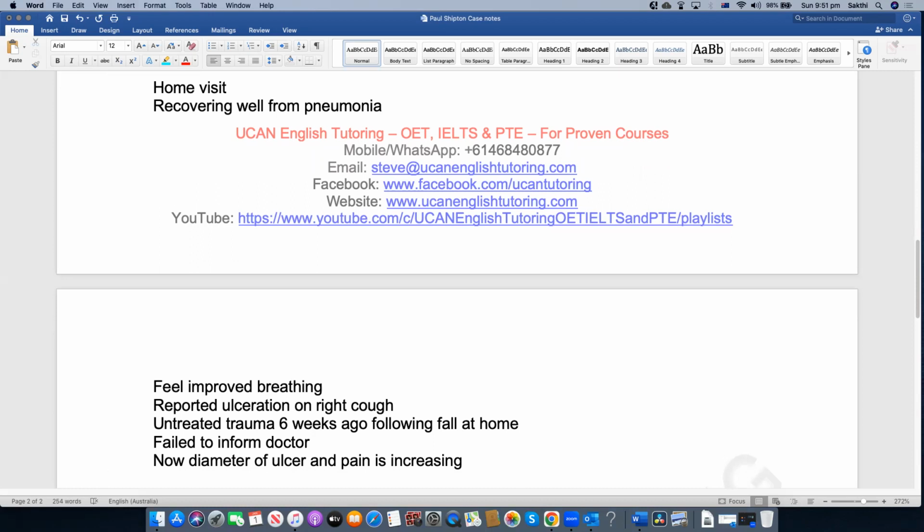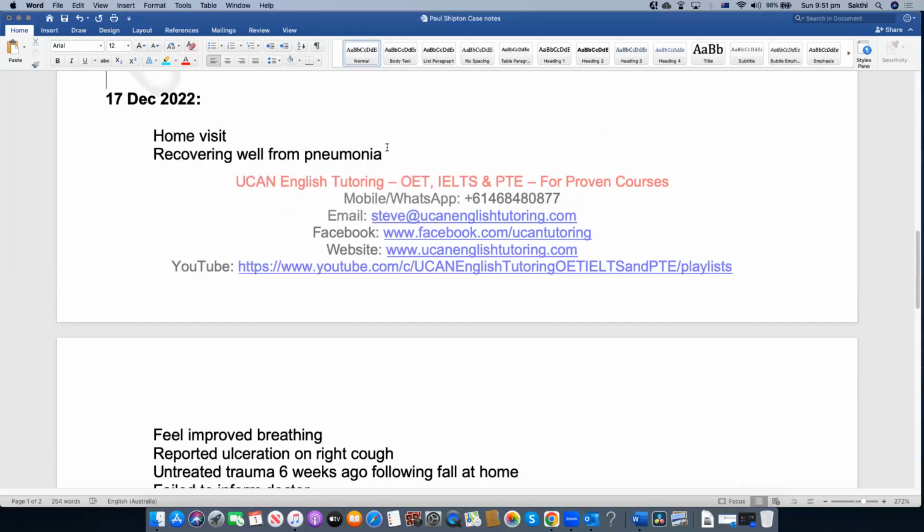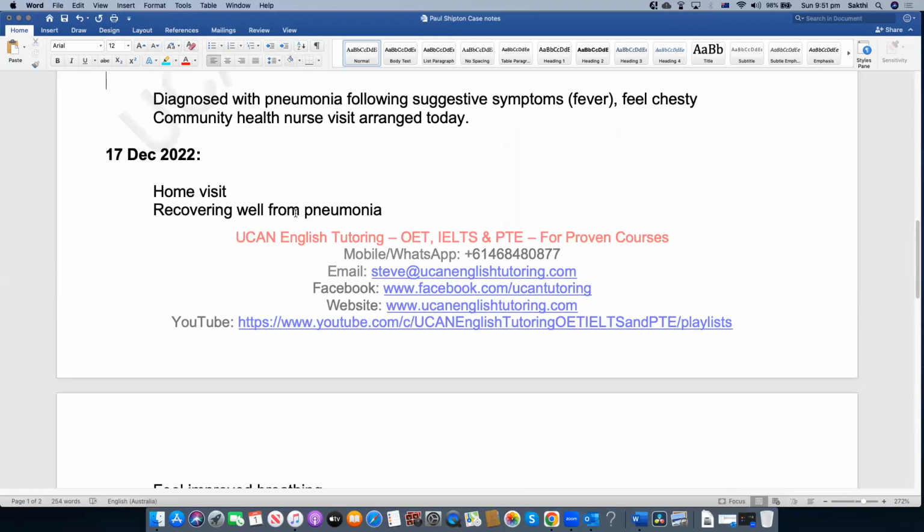Okay. From the home visit, recovering well from pneumonia. As we have previously mentioned that recovering well from pneumonia, this is going to be an important note as well. However, these two things should be included together. Do you know what I'm saying?